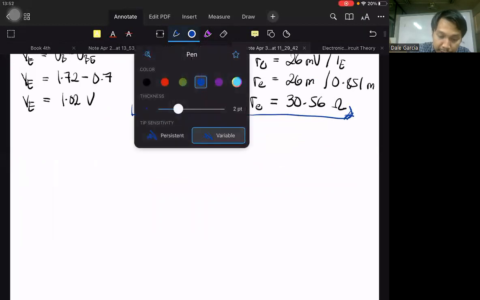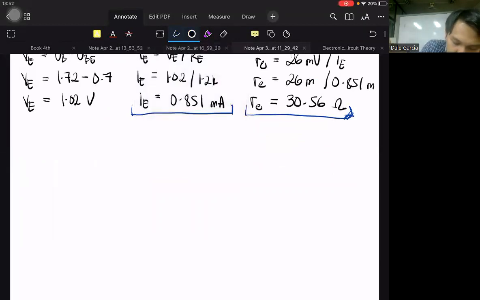We could now solve for the impedances and the gain.